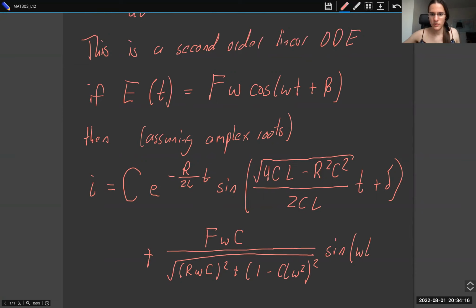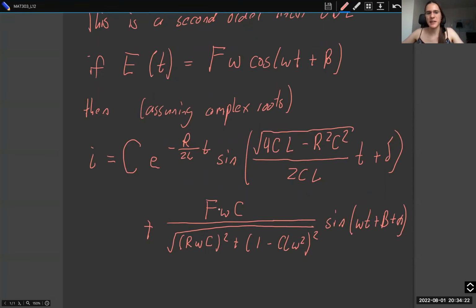Where alpha is defined by some analogous equation, depending on stuff. So anyway, we've seen this before. If not complex roots, then this is going to change, but the steady state solution isn't going to change. The steady state solution is going to look like that in this case.